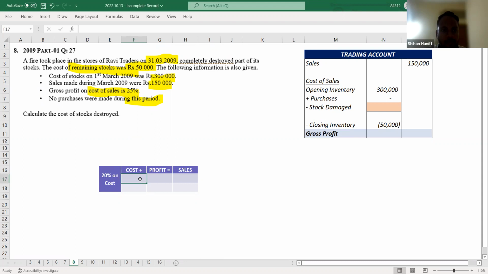Okay, so gross profit margin is 25% on cost of sales. Cost of sales means on cost. If the cost is 100, profit is 25, sales 125. Then sales value is 150,000.